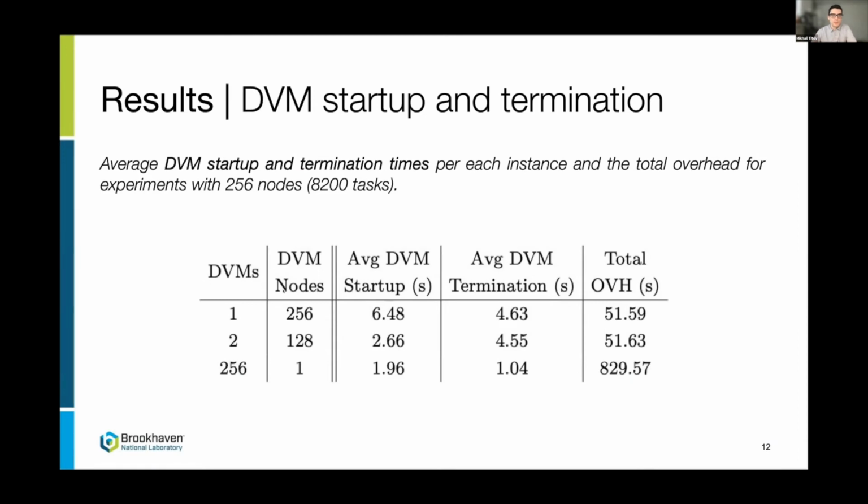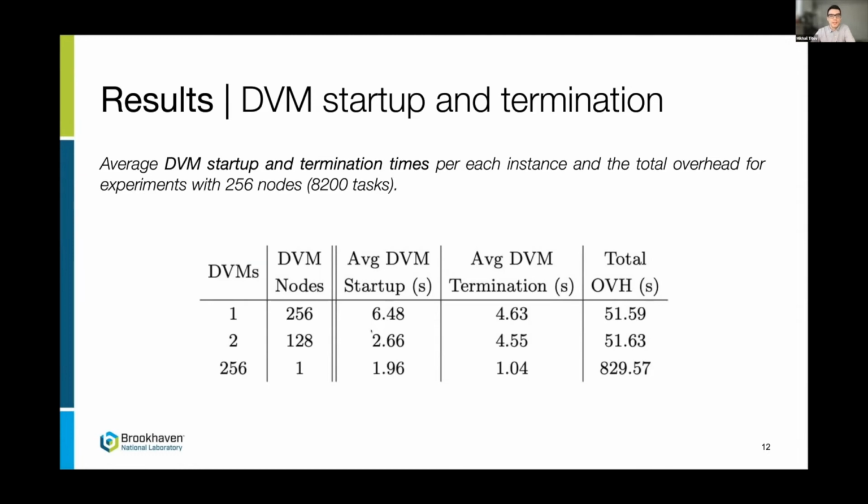At first, we had just one DVM with 256 nodes, and we got such numbers for startup and termination time. While we were increasing the number of DVMs, so nodes per DVM were decreasing, we can see, as expected, that startup and termination times were decreasing.